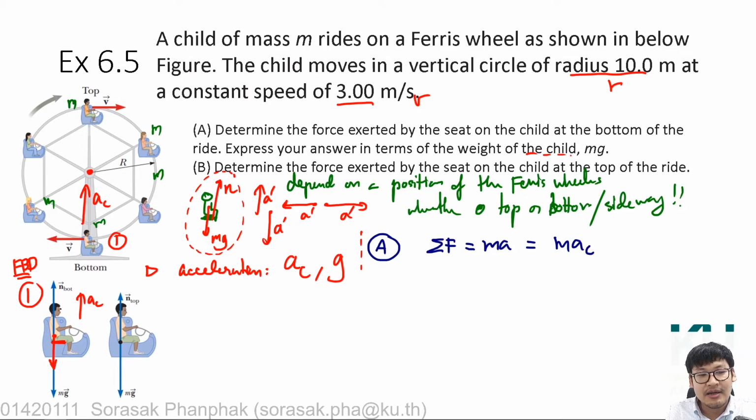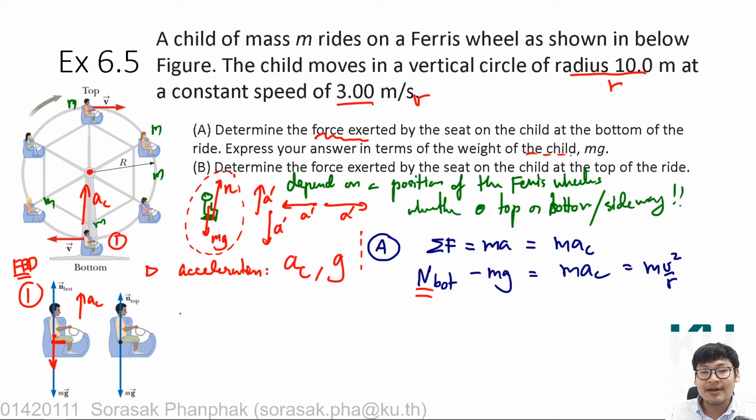You can see that in the direction that a_c is pointing, upwards, it is N bottom minus mg. So N bottom minus mg equals m a_c, where a_c is v squared over r, right? So now, if you would like to determine the exerted force, you need to determine N bottom.